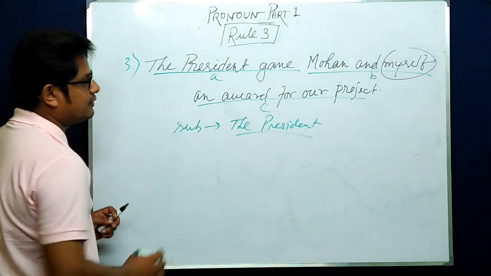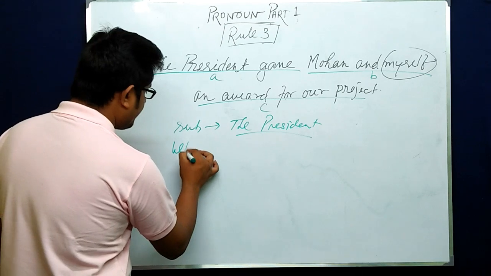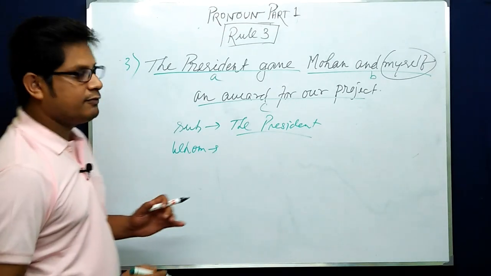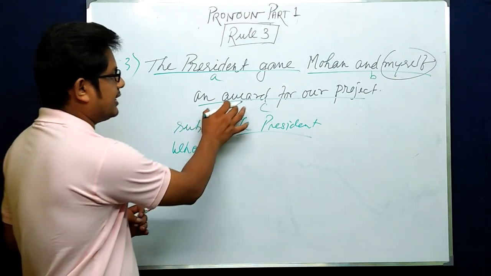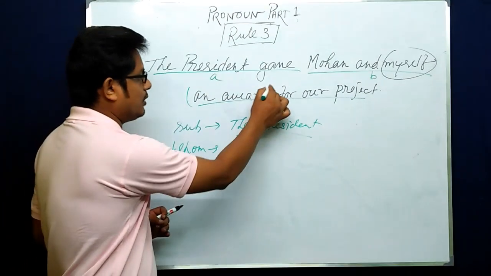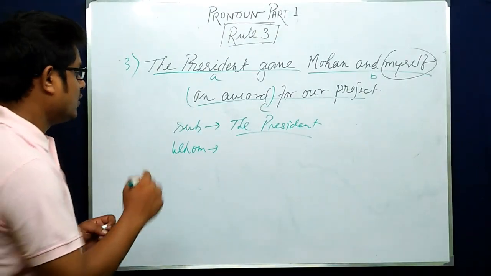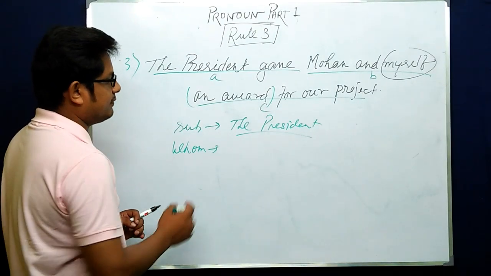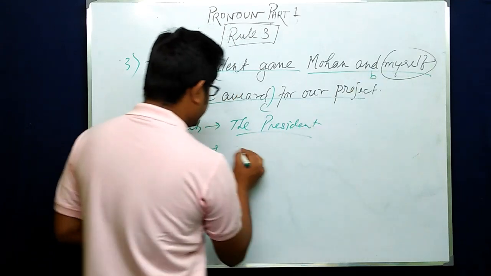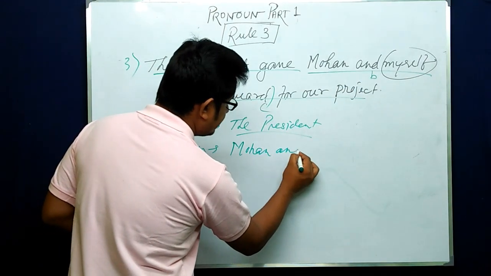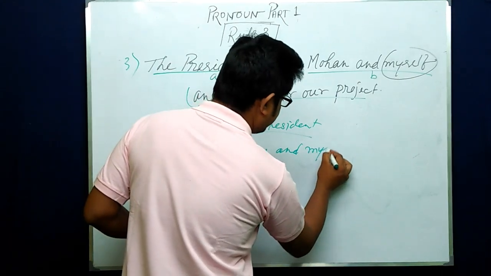The president gave. Now, what? The president gave an award. So an award is one object, and there is another object in this sentence. Whom did the president give? The president gave Mohan and myself.